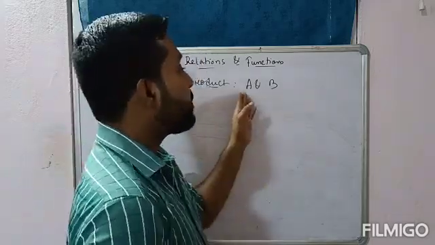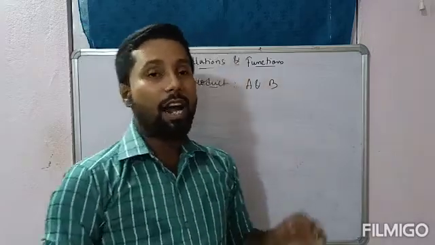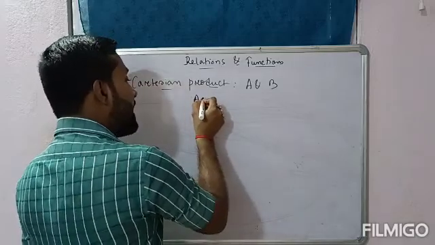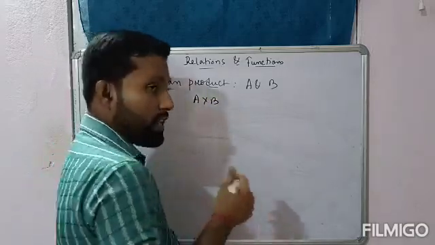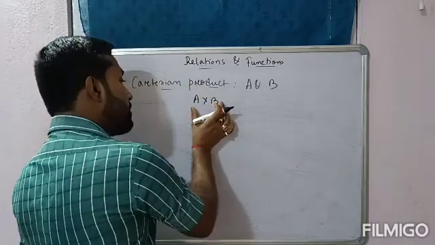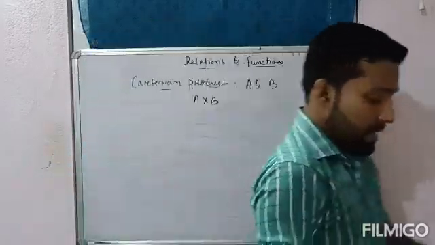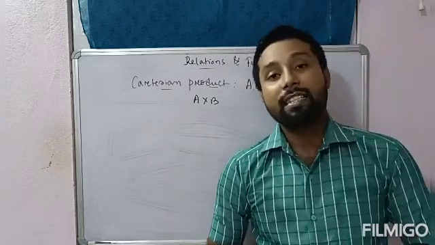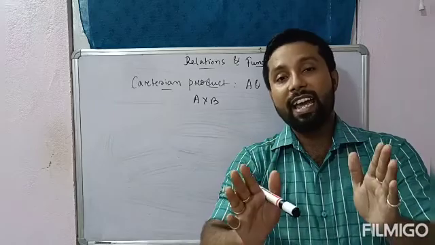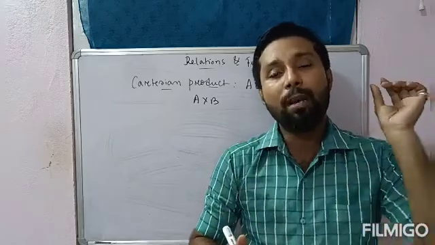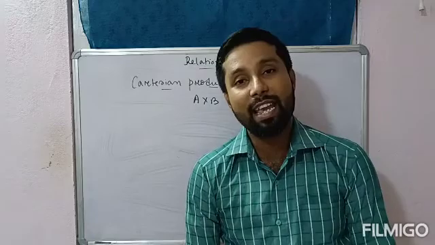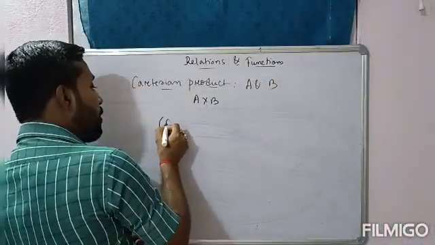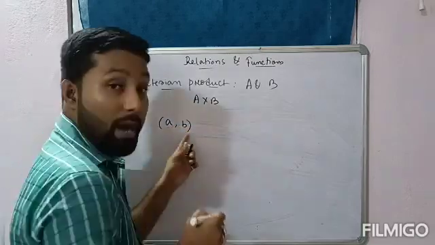Then the Cartesian product of A and B, listen, which is denoted by A cross B (it is a product so we take the cross), is defined as the set of all the possible ordered pairs (a, b).